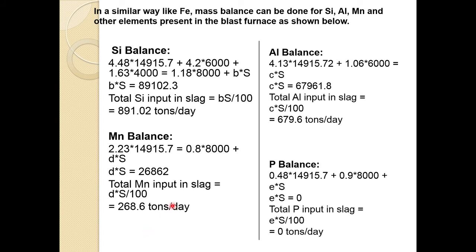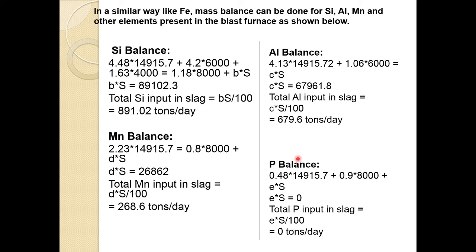Similarly, you can calculate other elements present in the blast furnace. For silicon, you can do the mass balance, and then silicon input in the slag, manganese input in the slag, aluminum, and phosphorus.